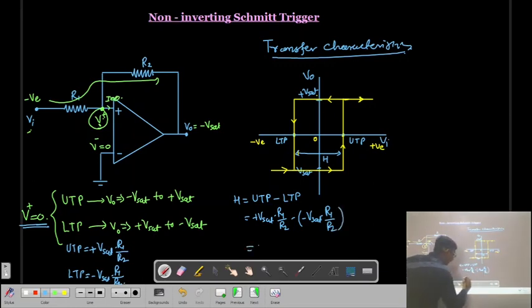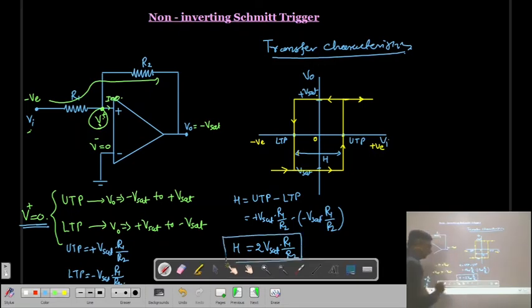So you will have 2V saturation into R1 divided by R2. This is the hysteresis voltage for a non-inverting Schmitt trigger circuit. Hysteresis voltage means that if my input voltage is changing between the LTP and UTP, the output will remain in its previous state. Remember.